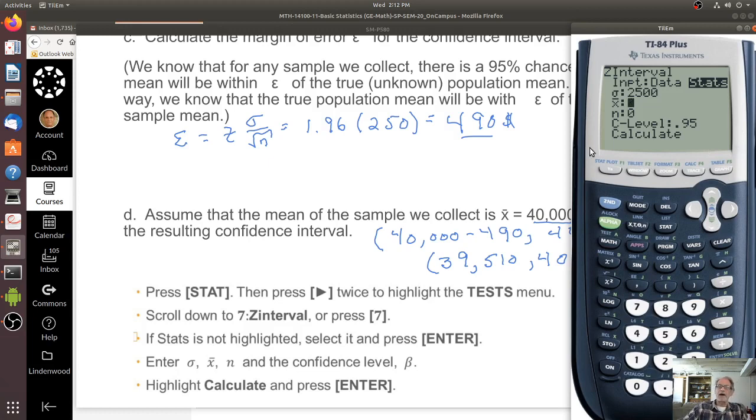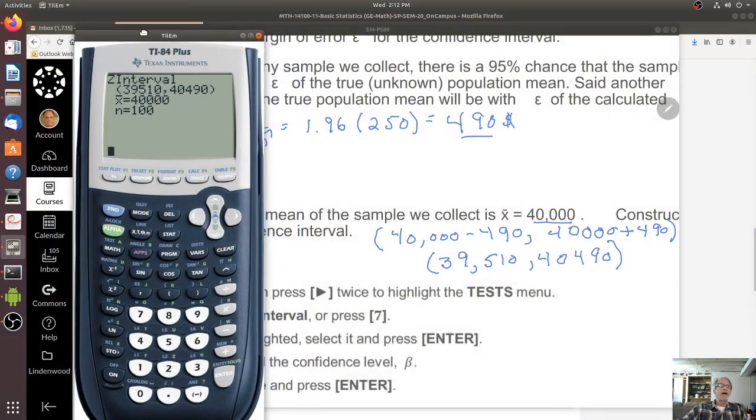That was 40,000. And what was N? That was 100. And my confidence level was 0.95. Now I press calculate. There it is: 39,510 to 40,490. That is indeed what we got.